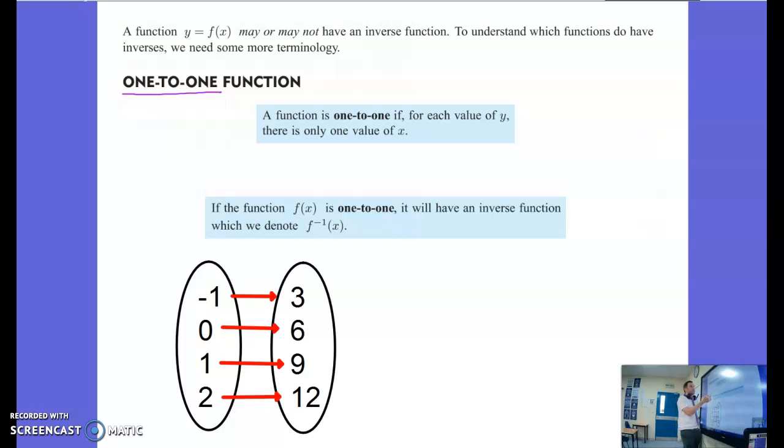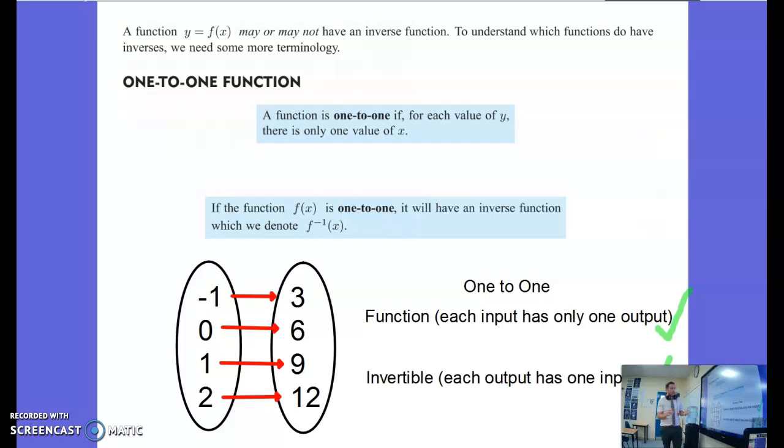So a function is one-to-one if for every value of y, there is only one value of x. So every output needs to have only one input. If we have a one-to-one relationship, then we do have an inverse.